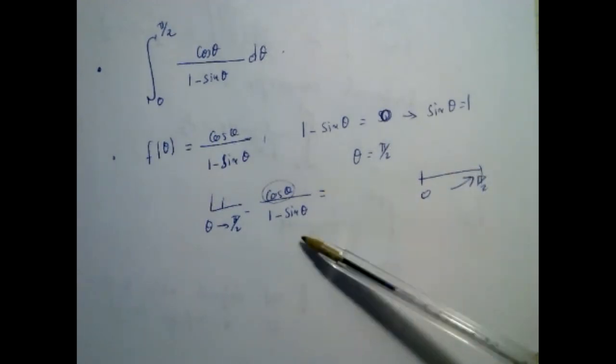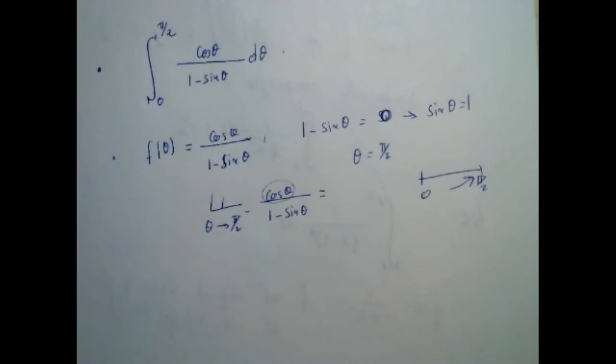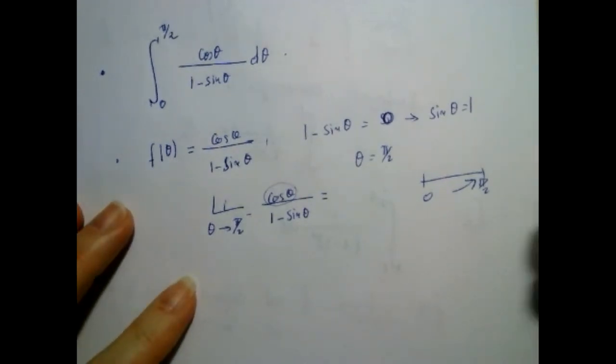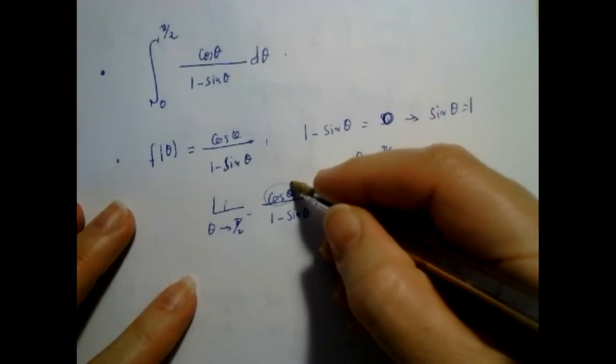I should have thought more about that. Can anybody compute this limit for me? 0, because the cosine of pi over 2 is 0.